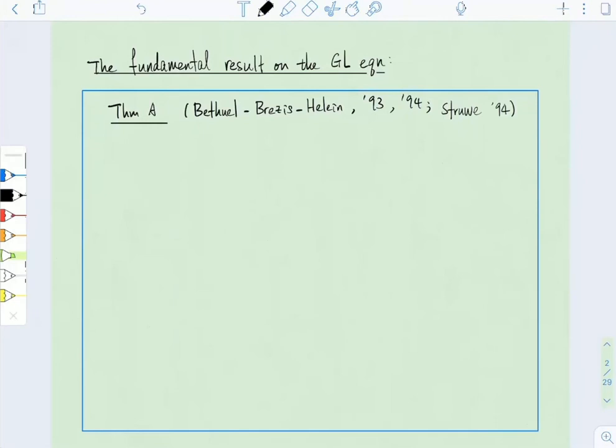Let's suppose omega is a simply connected subset of R^2, and suppose on the boundary you have an S^1 valued map, which is your Dirichlet boundary condition. We assume that it has some non-zero degree.